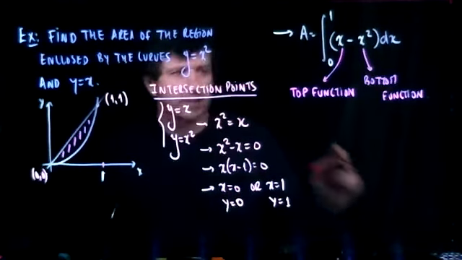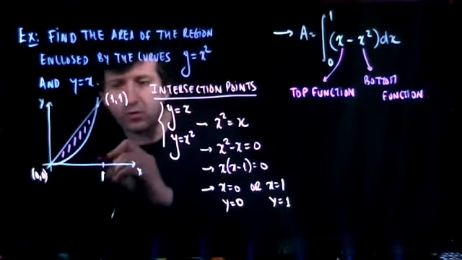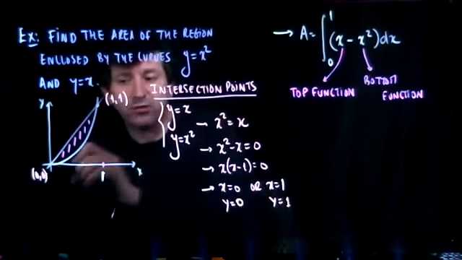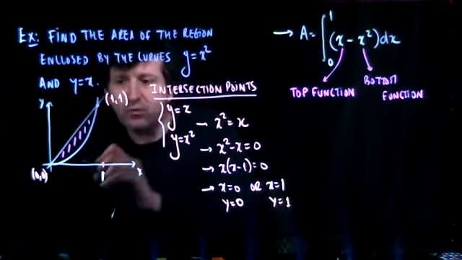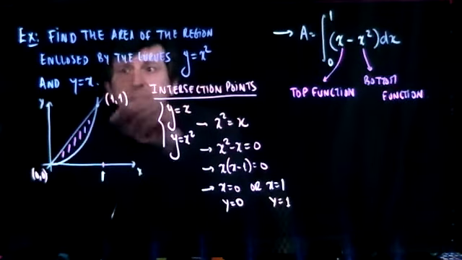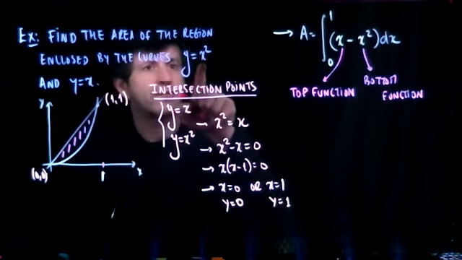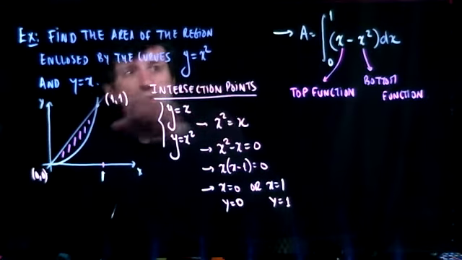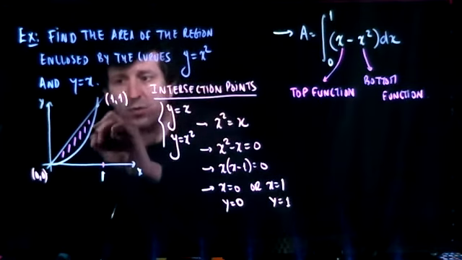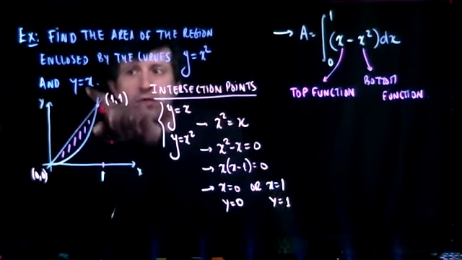Exactly. So what you would do is take a test value between 0 and 1, in this case let's say 1/2, and plug 1/2 into y equals x and into y equals x squared. You'll get 1/2 here and 1/4 here. 1/2 is bigger than a quarter, so you know that this function is above.